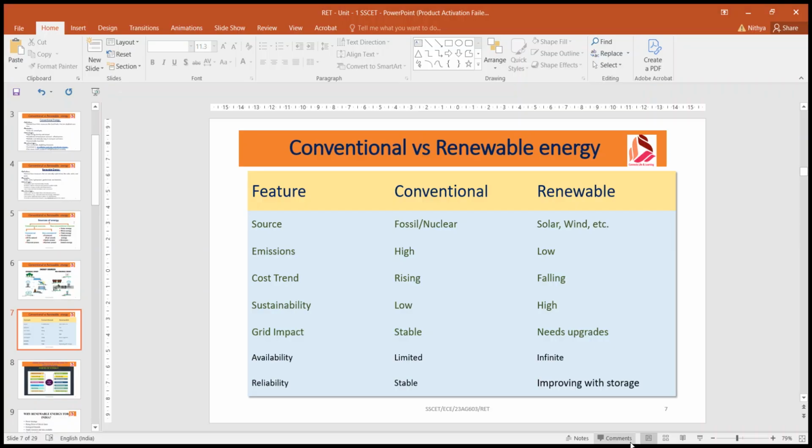For conventional sources, in the previous slide I told fossil or nuclear, and for renewable sources solar and wind, etc. The emission in conventional sources is always high, and in renewable sources always low. Cost is rising for conventional, and falling for renewable sources. The sustainability of conventional sources is always low, and of renewable sources always high. On reliability, conventional is stable, but renewable sources are improving with storage capacity.